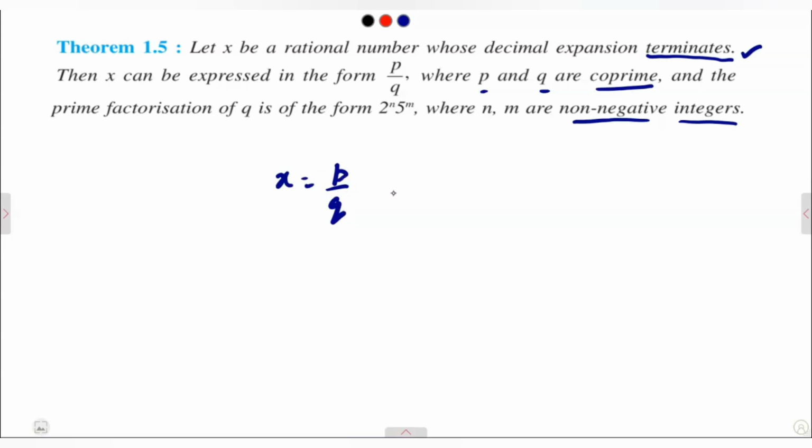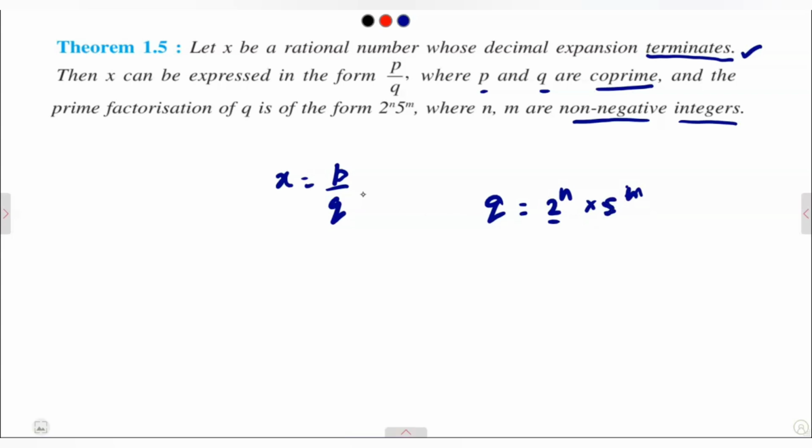That means p and q are co-prime, and this denominator q is expressed in the form of 2 power n into 5 power m, right? So every denominator whose decimal expansion is terminating will always be in the form of 2 power n into 5 power m.